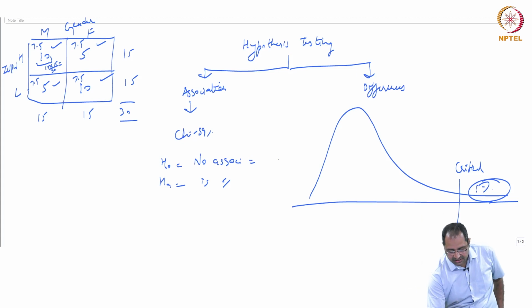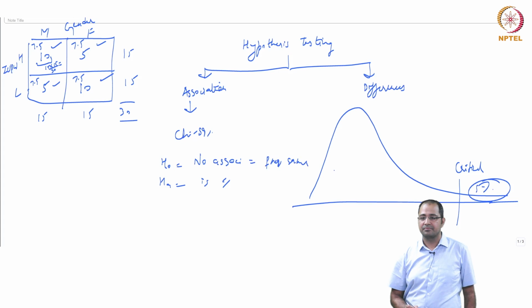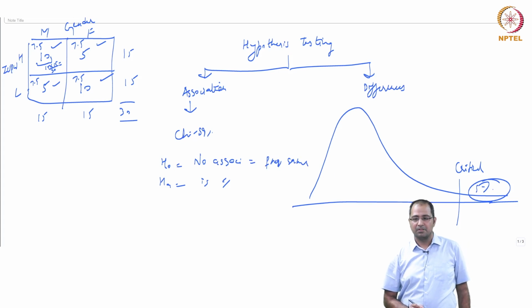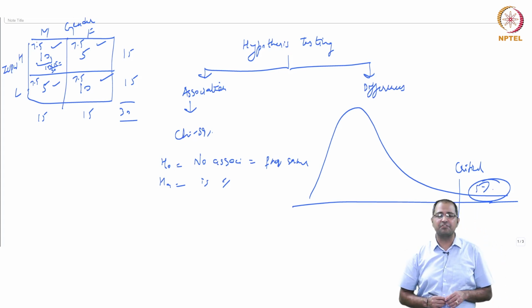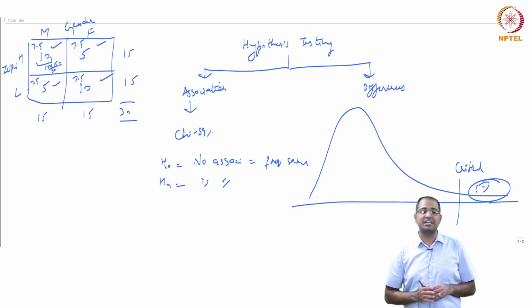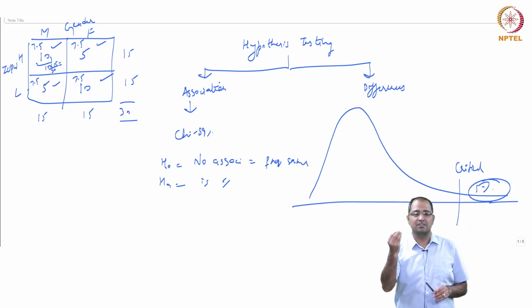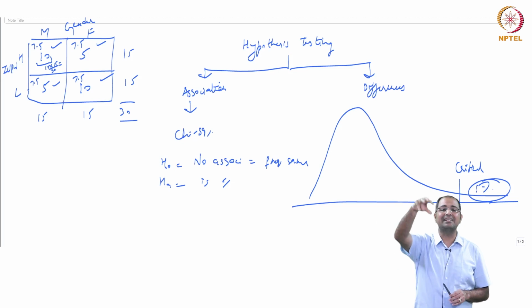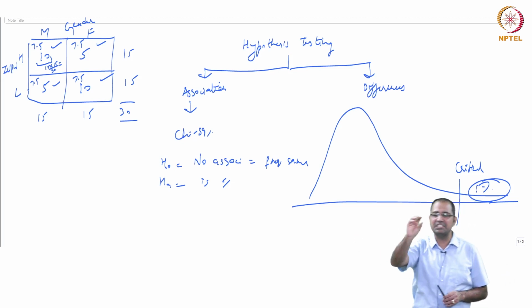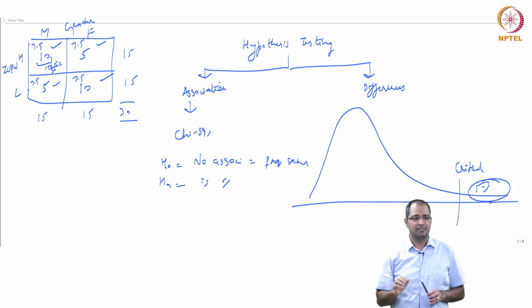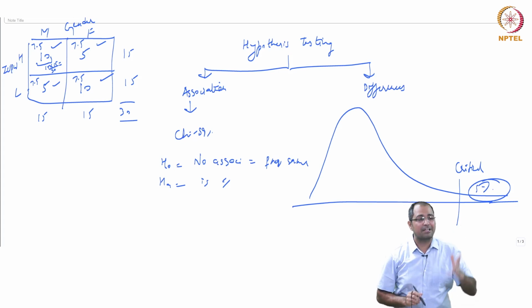No association means the frequencies in each cell are the same. In hypothesis testing, we start by assuming that the null hypothesis is true. If there is no association, what would have been the frequency in each of the four cells? 7.5, 7.5, 7.5, 7.5.